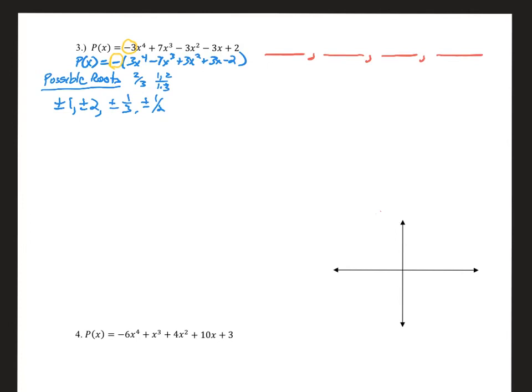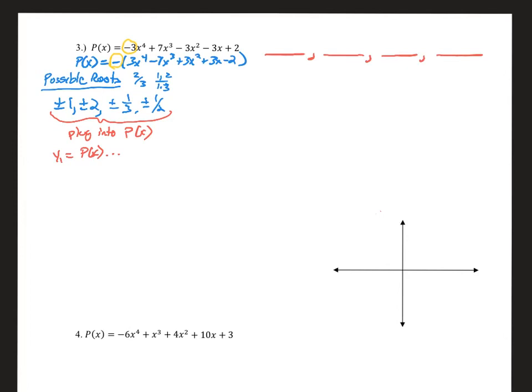Once again, I would use my calculator to my advantage and plug these 8 roots into our polynomial. I would do it using my table, so I would plug p of x into y1, type that all into y1, and then use your table.